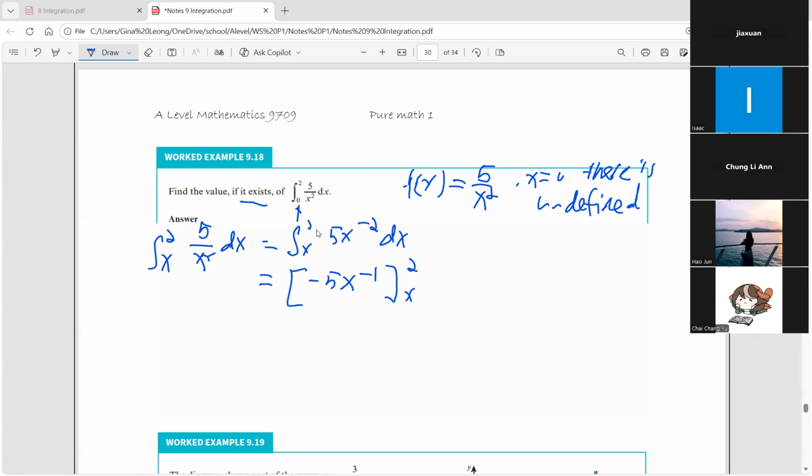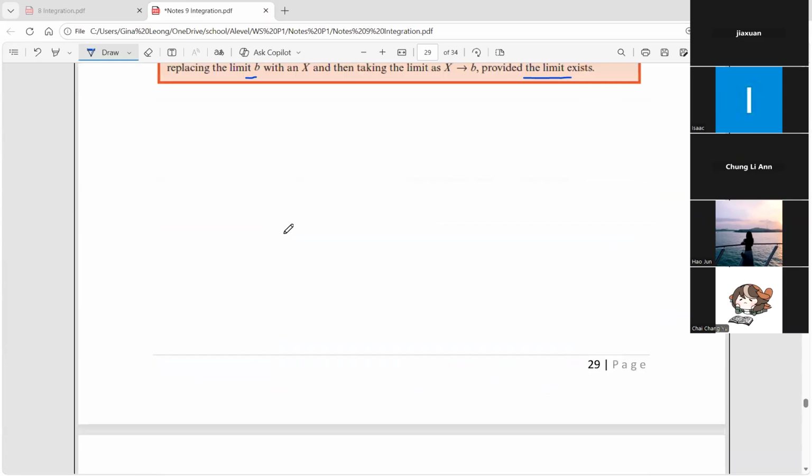So I replace the upper limit first, it becomes -5 over 2. This is the first one. Then after that, minus becomes plus, then 5 over x. So I found this is my equation.